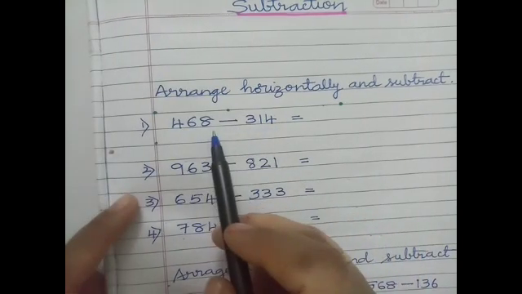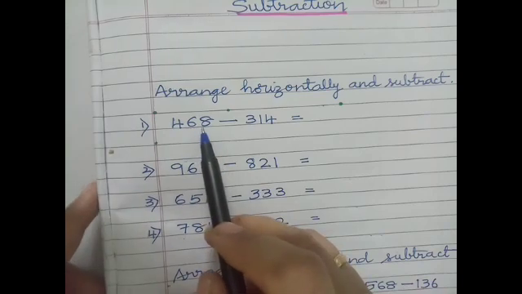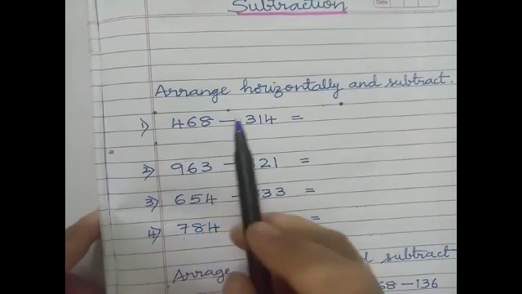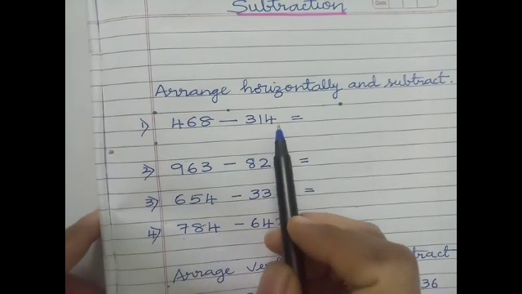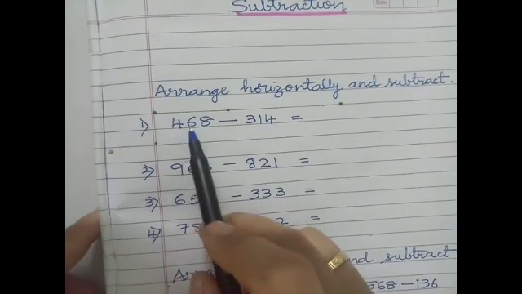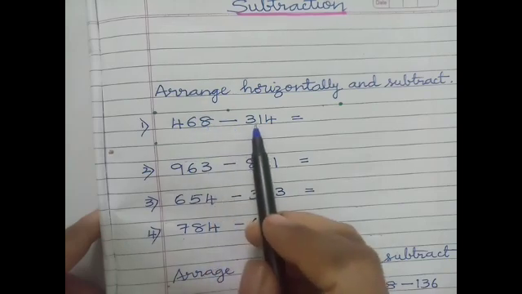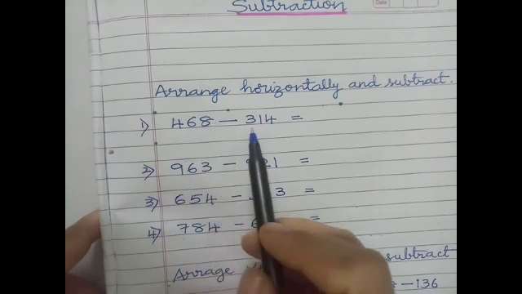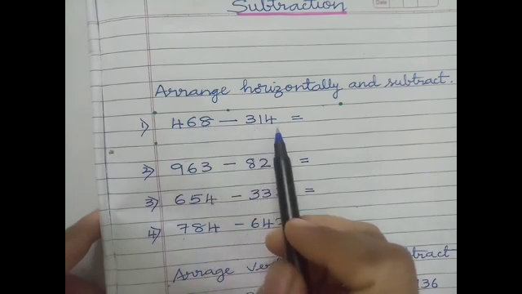Always remember the bigger number should be written first. That is, from this number we are subtracting. So, from 468 we are subtracting 314.